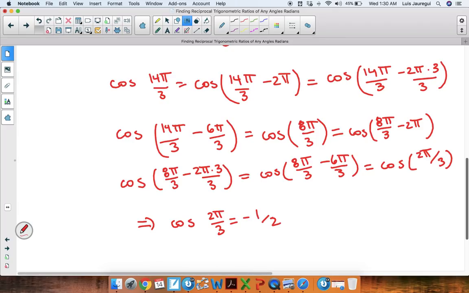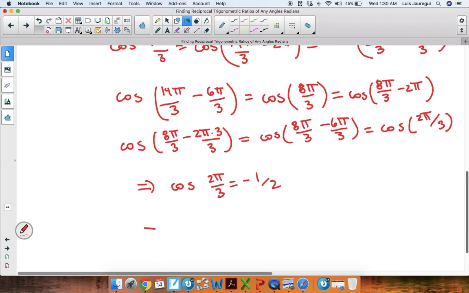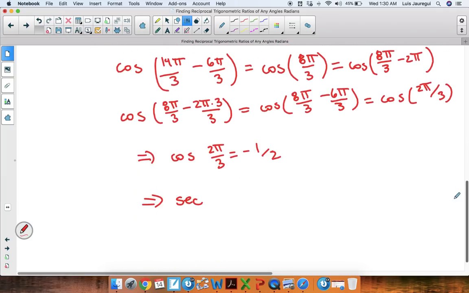But that's not what we want originally. What we want is secant. So we said, okay, secant, therefore secant of, in this case, our angle 14 pi over 3 is equal to 1 over cosine of 14 pi over 3.